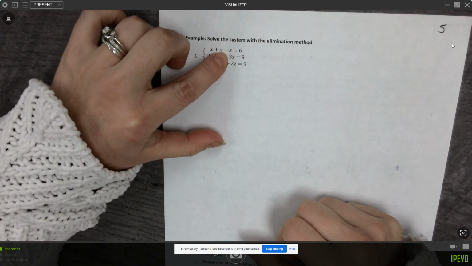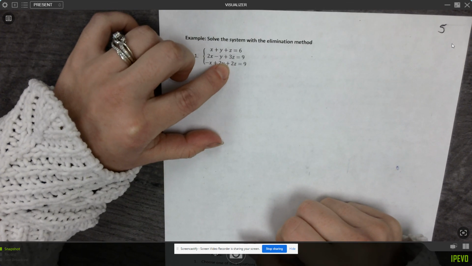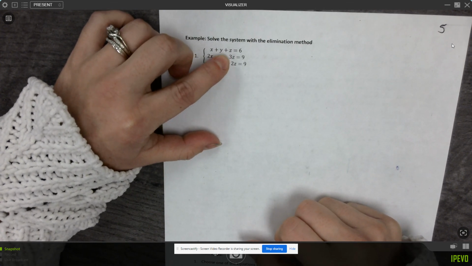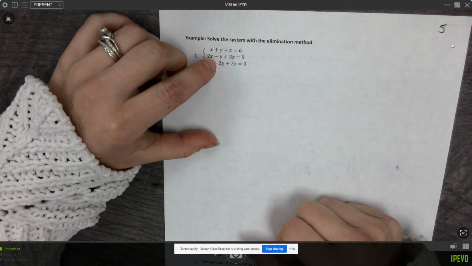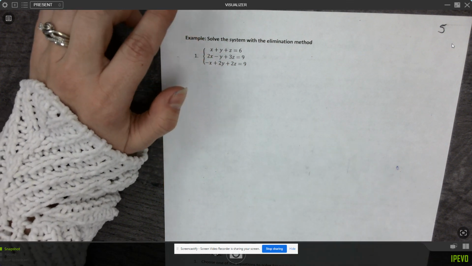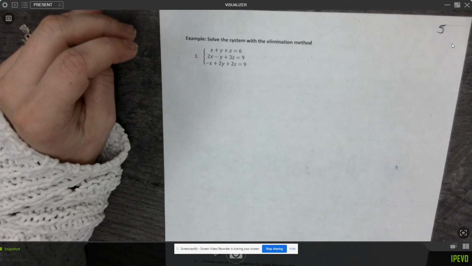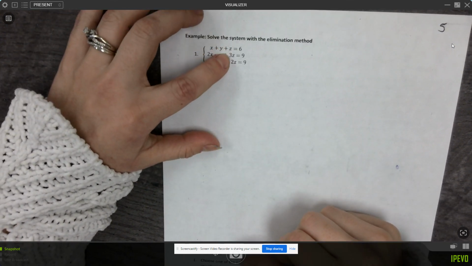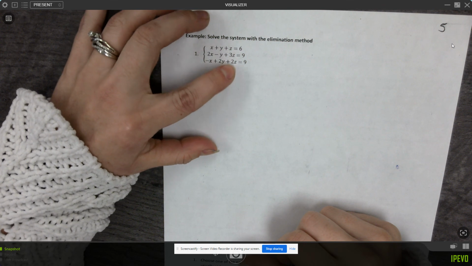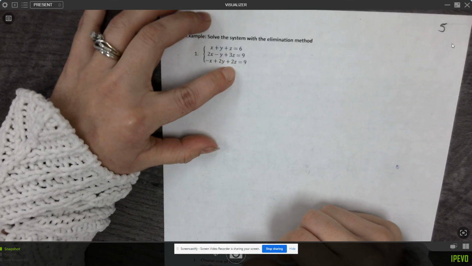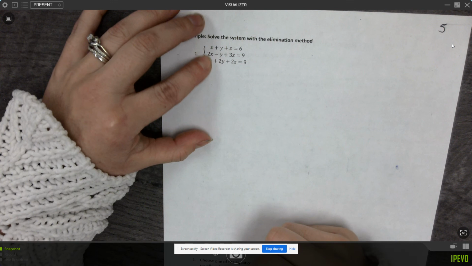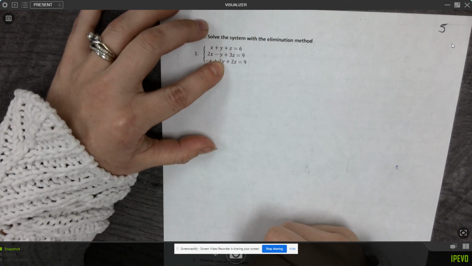But here I have 1, 3, and 2. Those are going to be harder. Not too difficult, but harder than eliminating x or eliminating y. So you still could, because with 1 and 3 you can make those into opposites, and then 1 and 2 you can make into opposites, but just slightly harder than eliminating x's or eliminating y's.